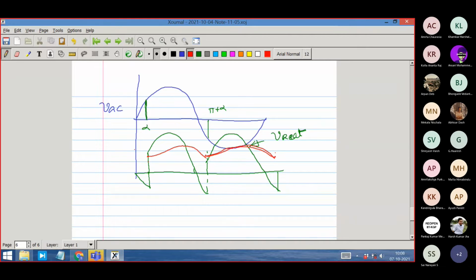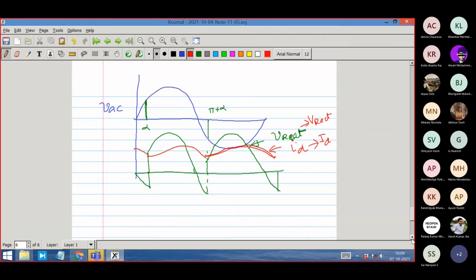It is just a continuity of the current. That is the DC side current ID, whose average value I will write as capital ID. This average value I will write as V rect. So this is the way the two currents are flowing.